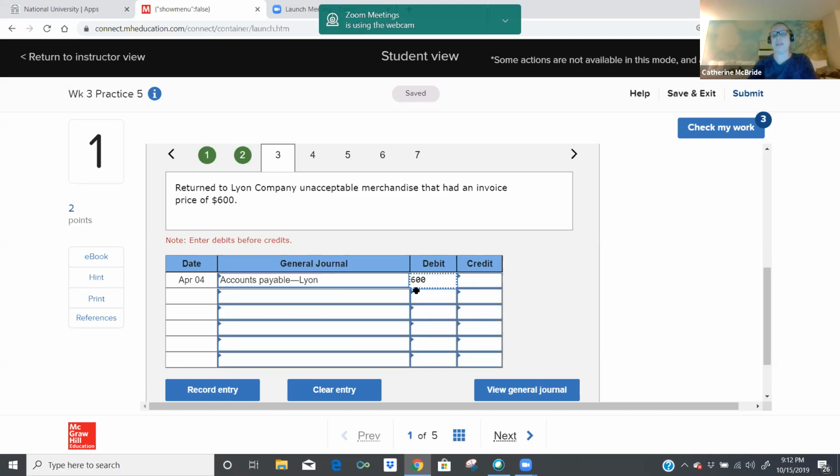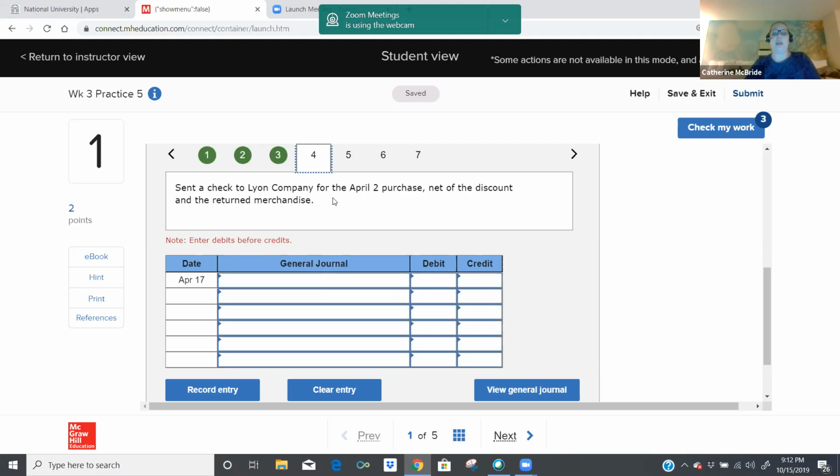And that's why I need my T account, because if I pay with a discount, I have to know how much I owe them in total. And I'm going to reduce inventory because I'm returning it. So I reduced inventory because I'm returning it, and I reduced the accounts payable to Lion because since I'm returning the merchandise, I don't have to pay for it. So that's what that looks like.